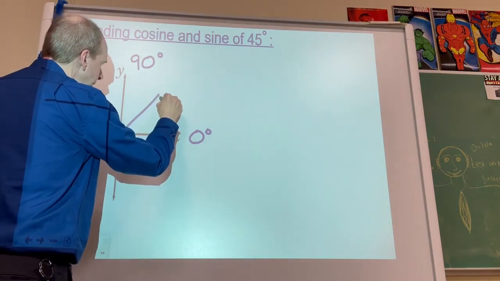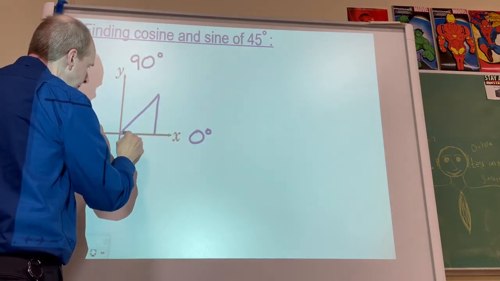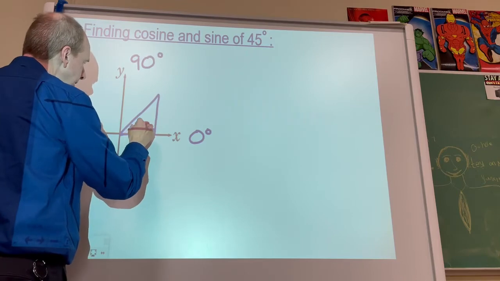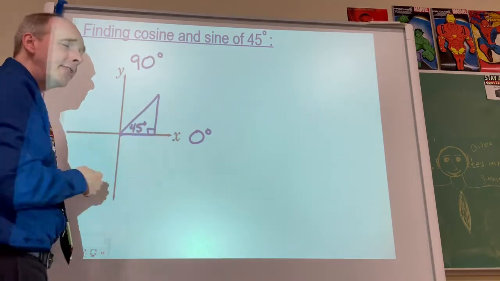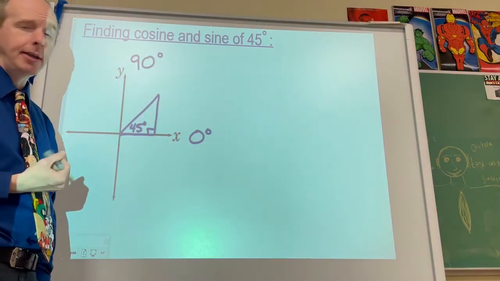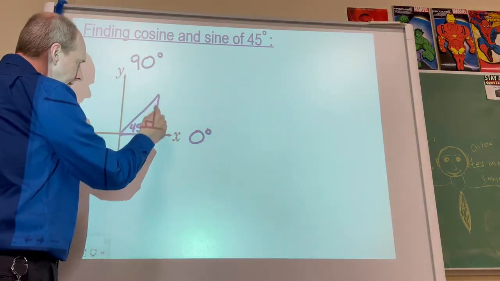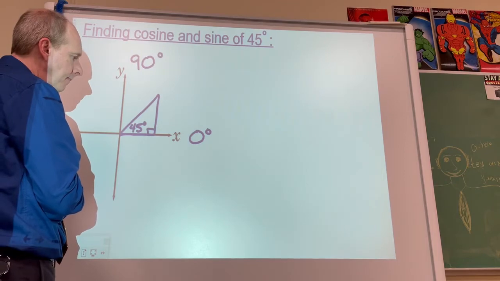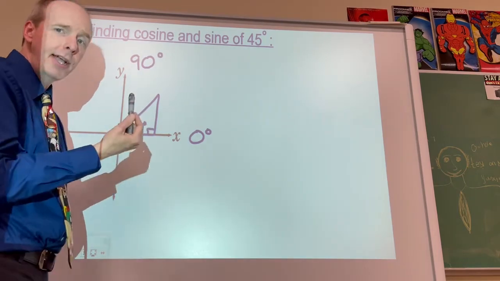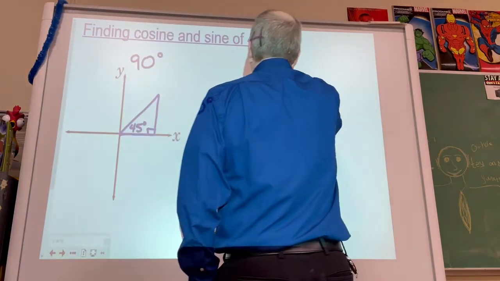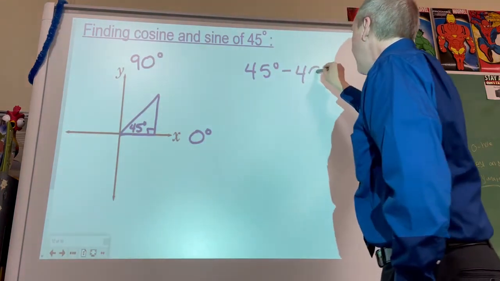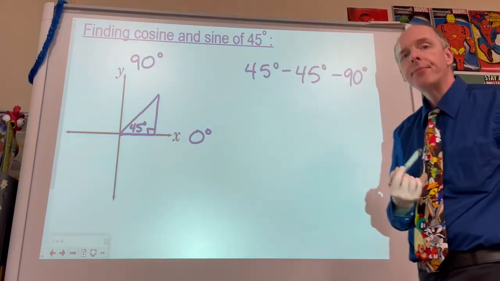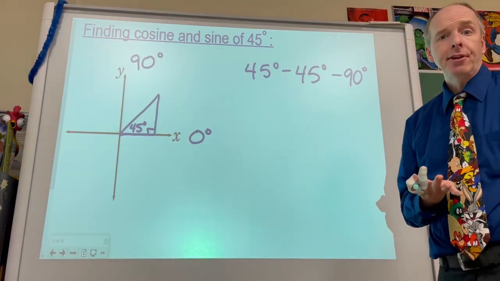So halfway in between, we draw our right triangle. This is 45 degrees, which makes the other angle 45 degrees by default, right? Which makes this what kind of a triangle? 45, 45, 90. It's a 45, 45, 90 special right triangle. It's an isosceles right triangle.